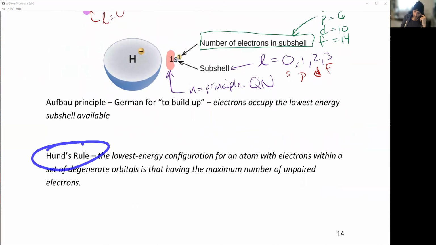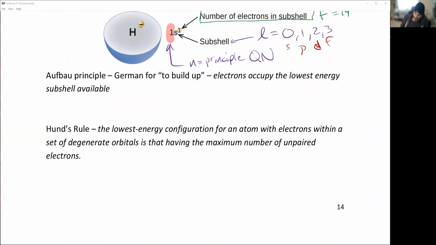Hund's rule: the lowest energy configuration for an atom is when electrons are within a set of degenerate orbitals. So that's an important word, and I'm going to use that quite a bit. Degenerate orbitals. So if I have a 3p, again, p is representative, L is equal to 1. Therefore, my m sub L values are -1, 0, and +1, meaning I have 3 orbitals.